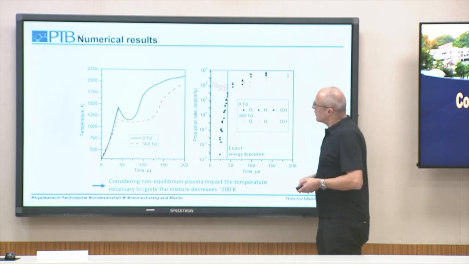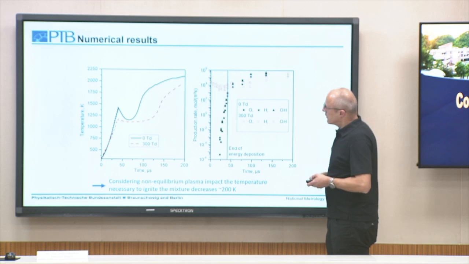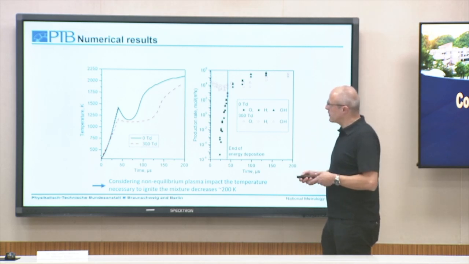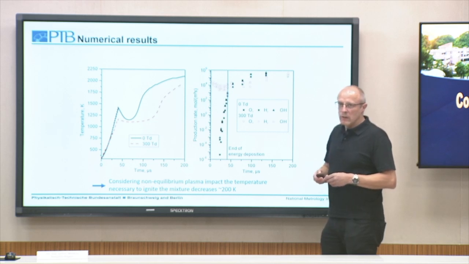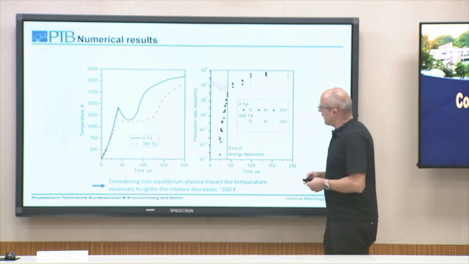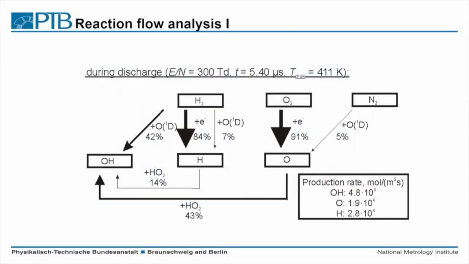So what is important to see is that not only the temperature is important now, but in addition this formation of radicals at quite low temperatures is of importance. We can then again perform reaction flow analysis, which we have seen before in detail in the last lecture.